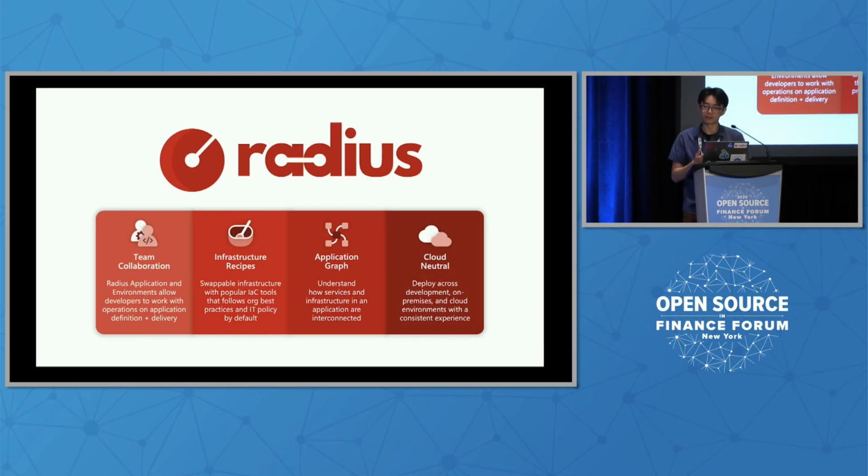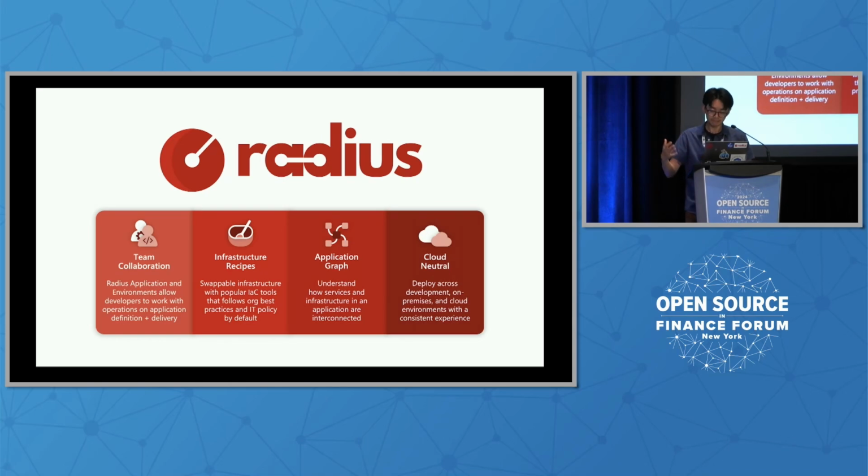This is made possible by this concept that Radius introduces called infrastructure recipes. You can think about Radius recipes as swappable infrastructure that is based on popular infrastructure as code tools and languages. Terraform and Bicep are the two platforms that we currently support.